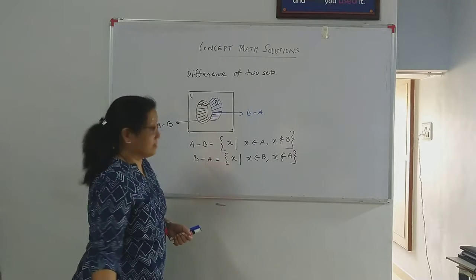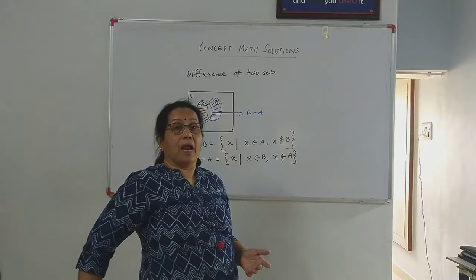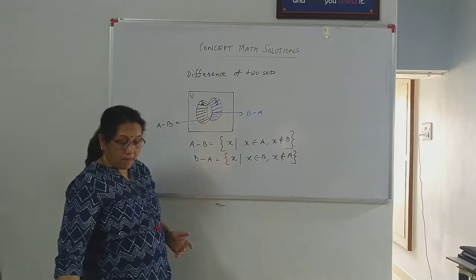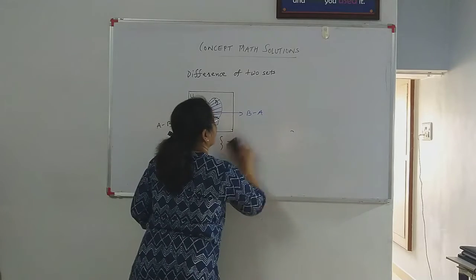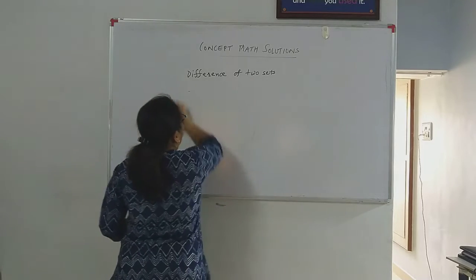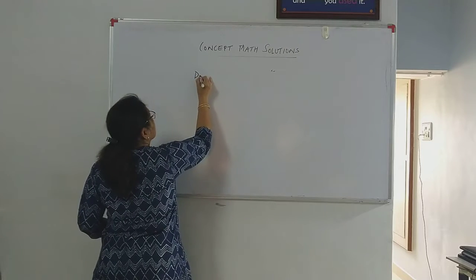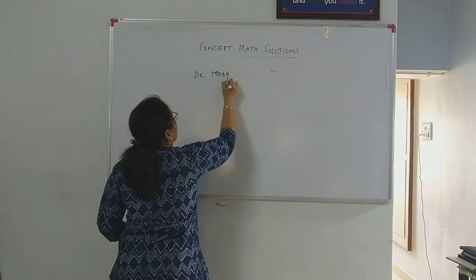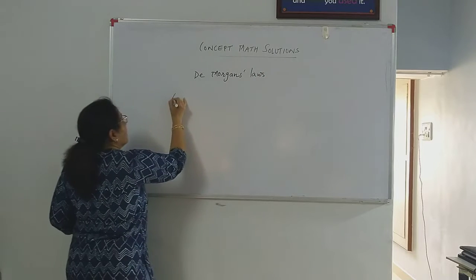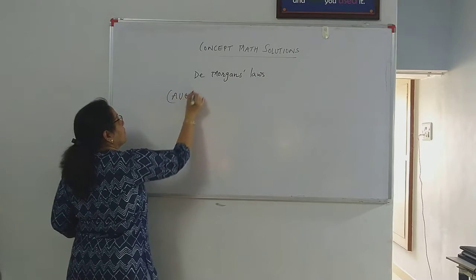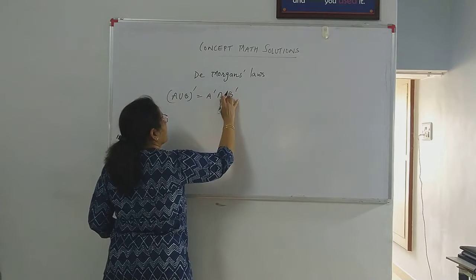Now coming back to De Morgan's laws which we planned to discuss today, we have the laws by De Morgan, and they are: A union B complement is A complement intersection B complement.